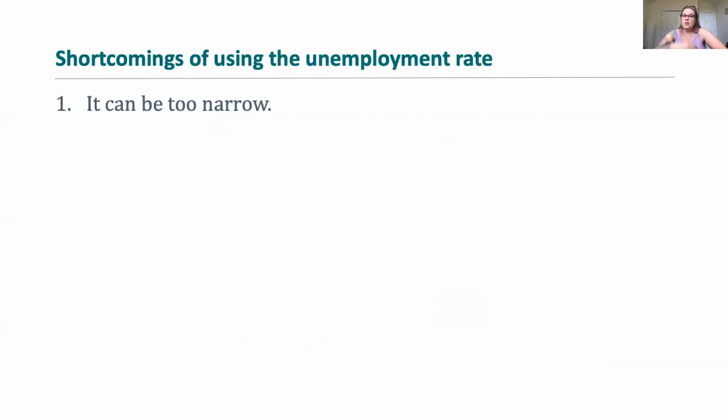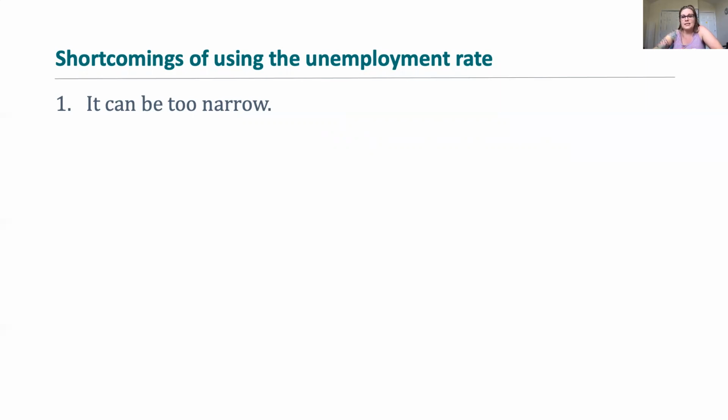Unfortunately, just like GDP is not a perfect measure of economic well-being, the unemployment rate also is not a perfect measure of economic well-being. Each of these measures give us some information and help us to start to paint the picture of what's happening, but they each have a number of shortcomings. So first, the unemployment rate can be too narrow.